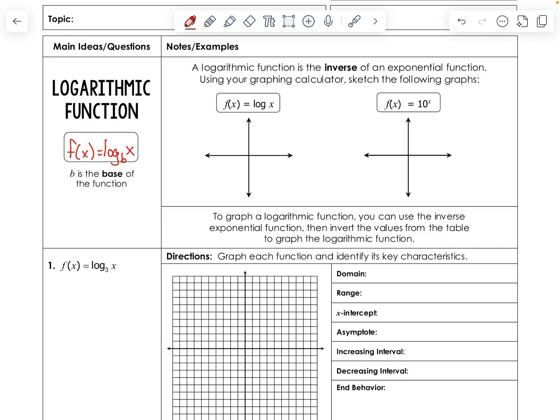So when I graph my exponential function, which here we have f of x equals 10 to the x, it's going to look something like this. Rough sketch. Okay?